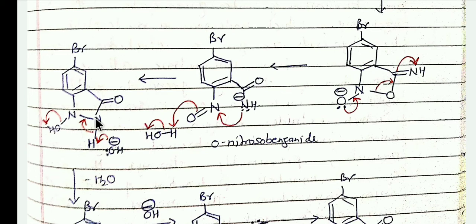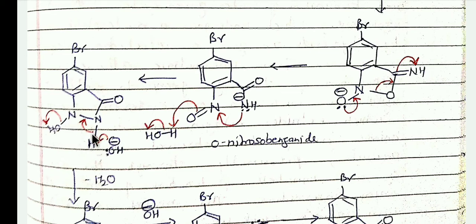So this nitrogen becomes negatively charged, and here this OH is removed with its bonding electrons. So the nitrogen gets negatively charged, another positively charged, and this gets negatively charged.